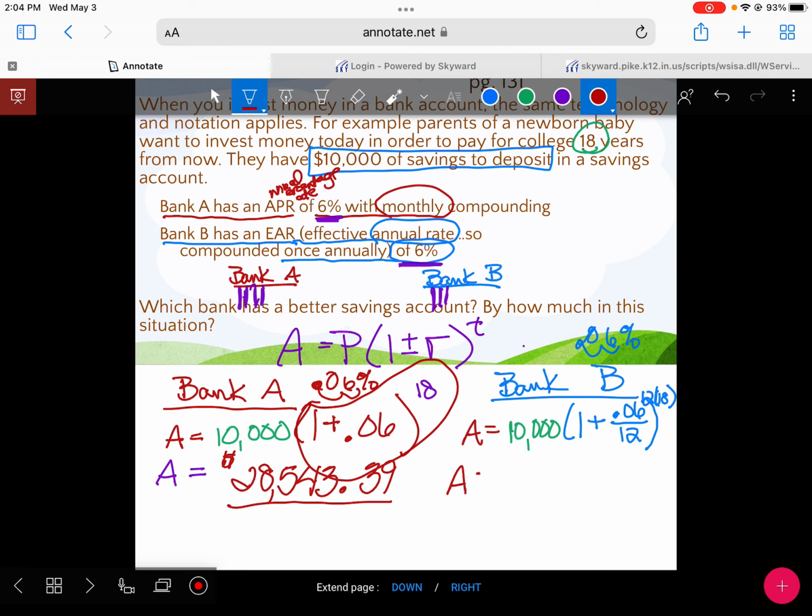So A equals, all right, let's calculate this. And again, knowing how to calculate this correctly is probably the trickiest part. Oh, I should have put that in parentheses. If I do that, that's going to make me do it all over again.